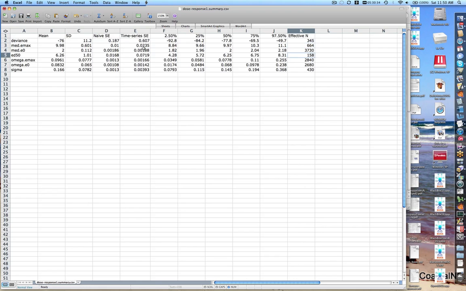The worst one being ED50. Notice that the effective N is 158. So if we were trying to make strong inferences about ED50, we probably want a few more samples there, depending on whether we care about the mean or the tails. If we're concerned mainly about the mean, we probably want at least on the order of 1,000 for things like that. So that tells me right away I probably want to do at least 10 times more samples. You can see sigma 2 had shown a fair amount of autocorrelation, and that shows up in the effective N of 430.